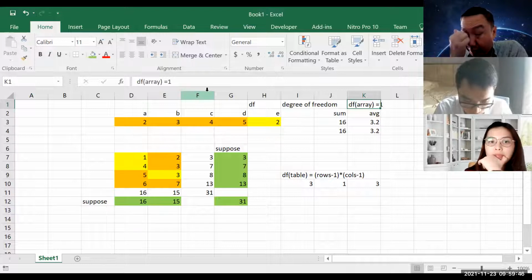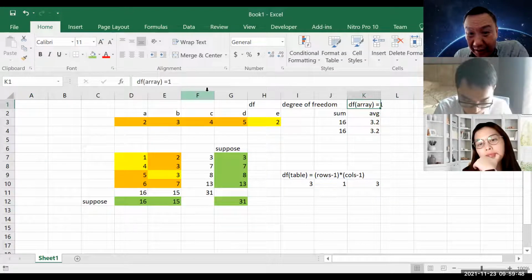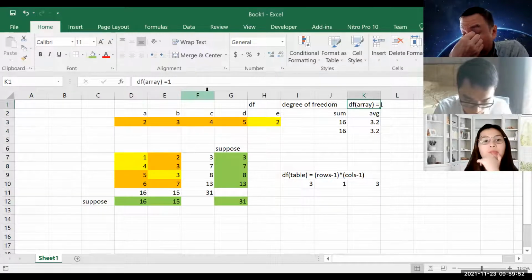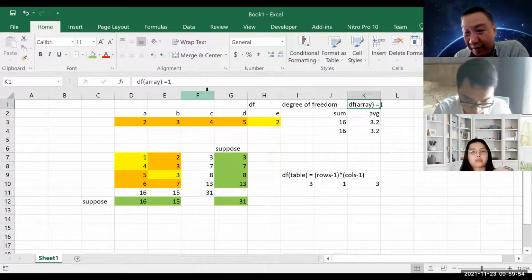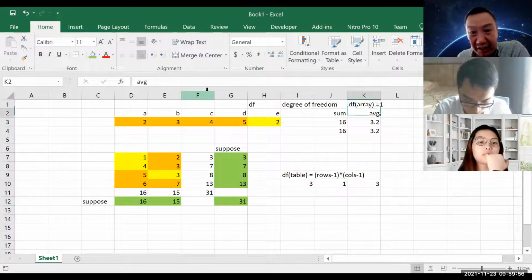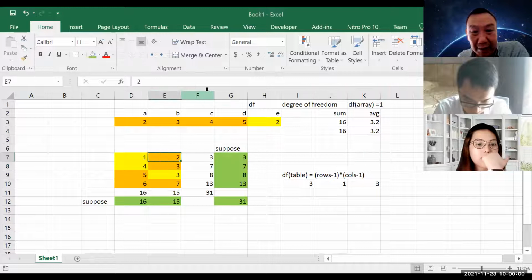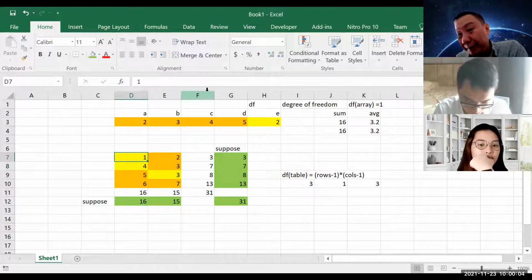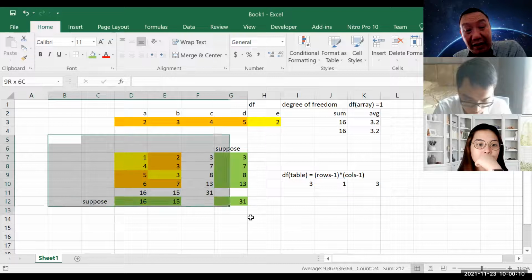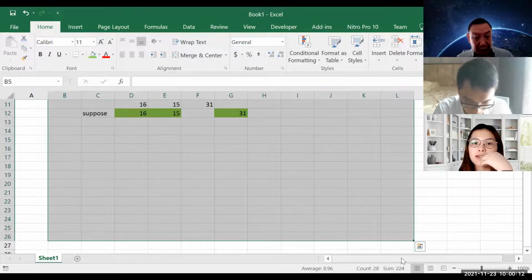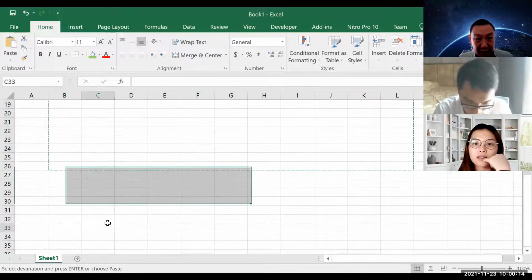So that you can get the total, the number you need to have in the data must be n minus 1. The df is always 1 in here, in an array. And then in a table it is number of rows minus 1, times number of columns minus 1. Now, I will delete this table first, so that you will not get confused.